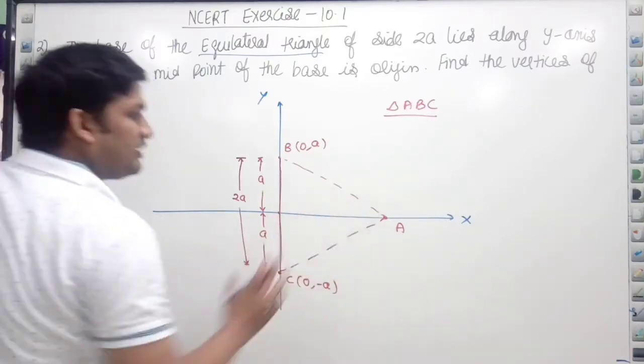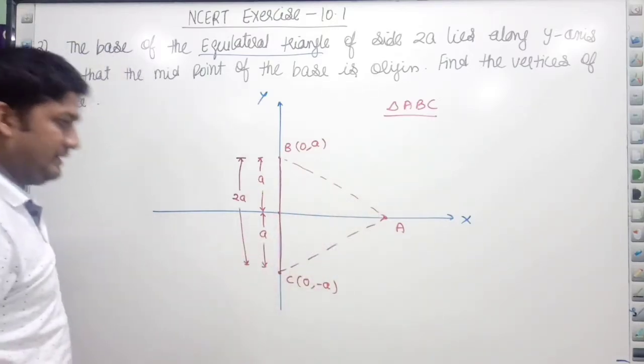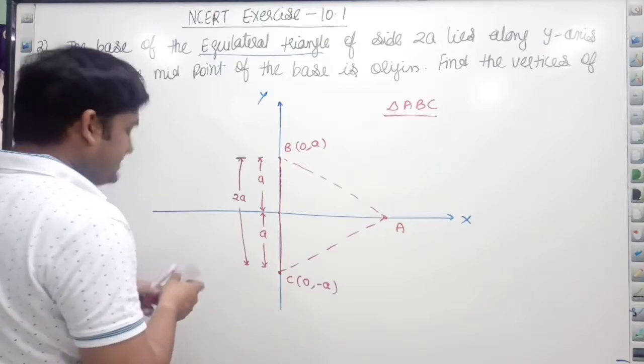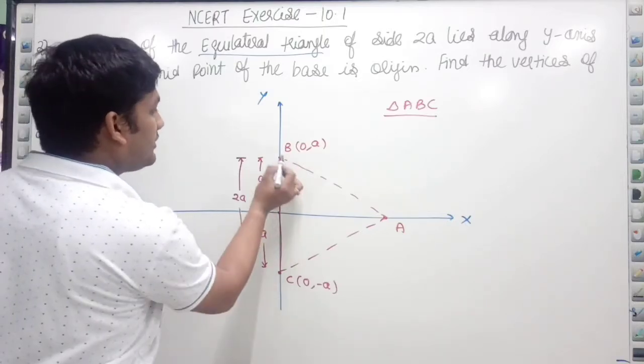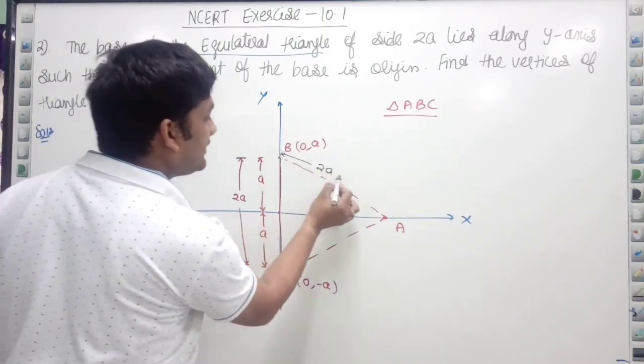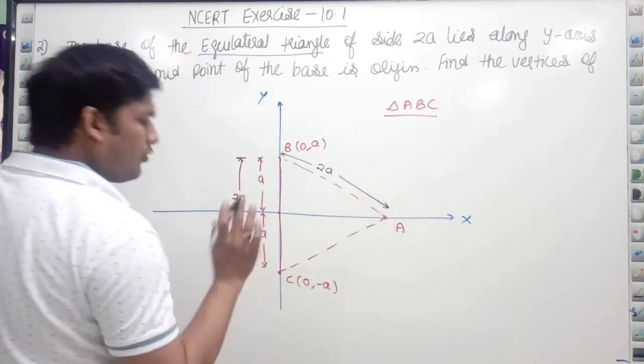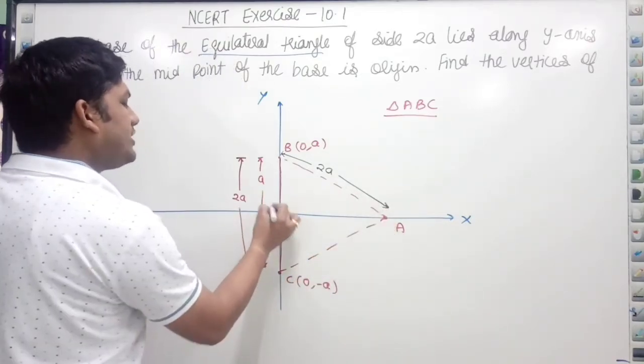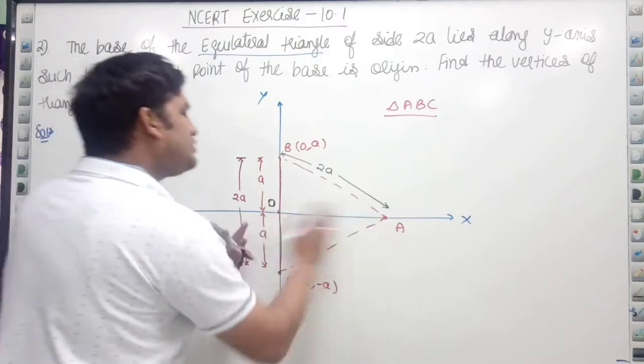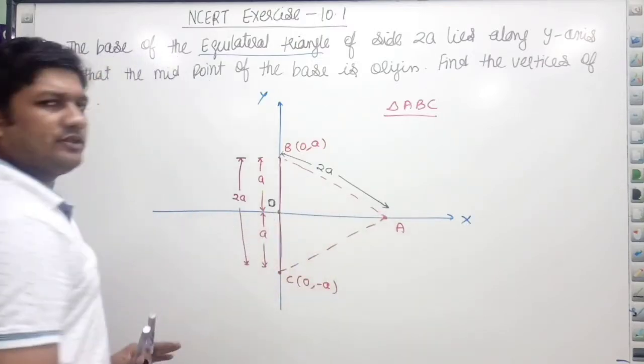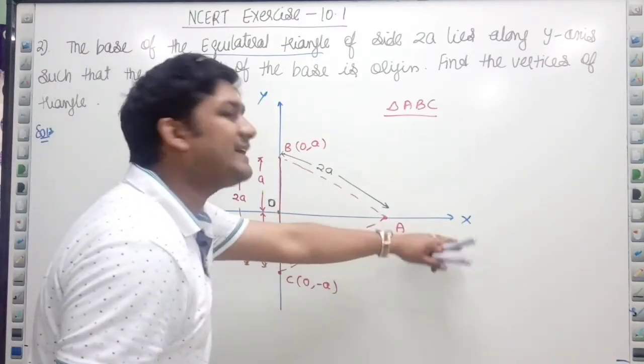Now this particular length we need to calculate. The side is 2a, means we can say this particular length will also be 2a, right? What I need to find, जैसे इस point को suppose I write O, I just need to find OA. OA का जो भी length होगा, suppose it is x, so this will be x, 0.